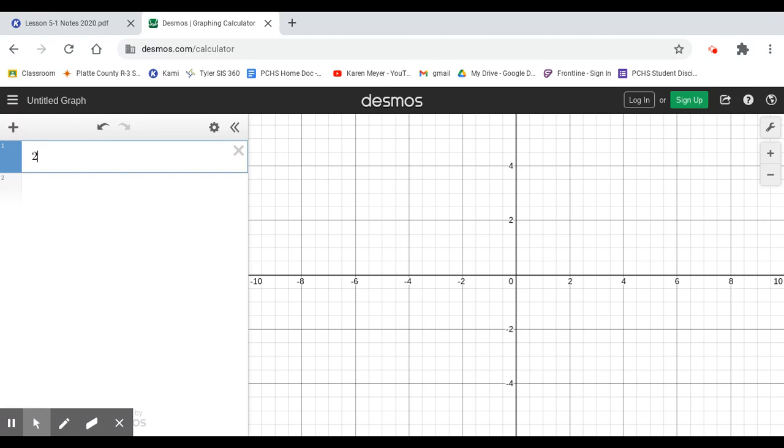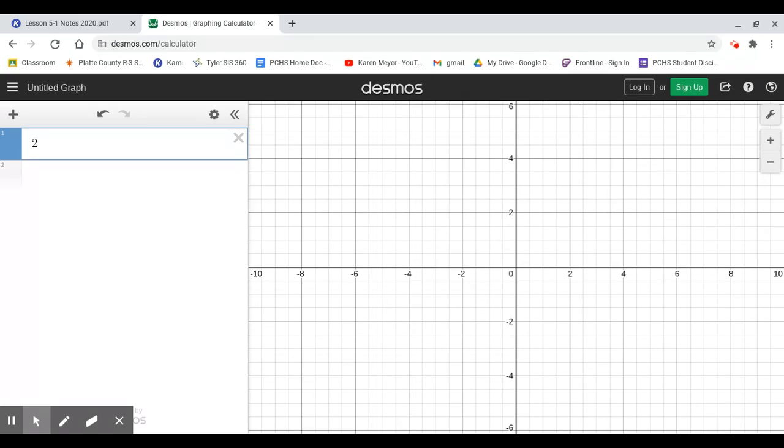To get an exponent, I'm going to hit my Shift key and then 6, and you're going to notice that it moves it up as an exponent. And then I get to type in X, and voila, it makes the picture for me.